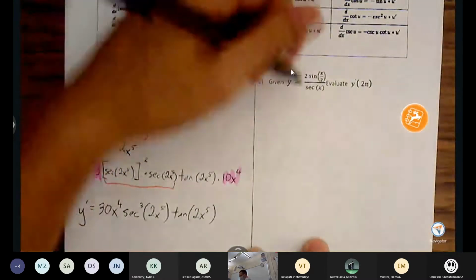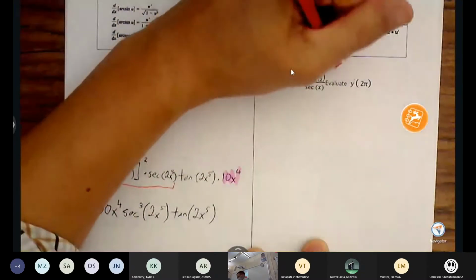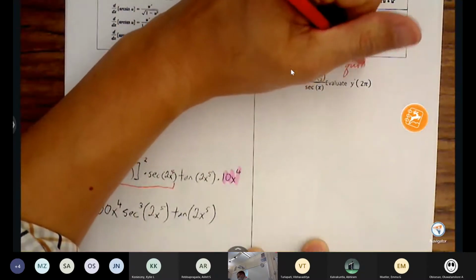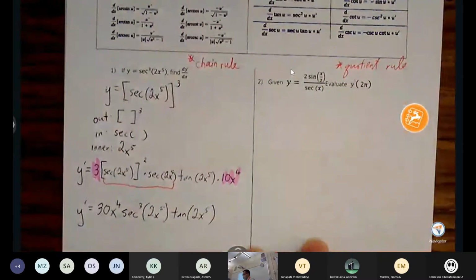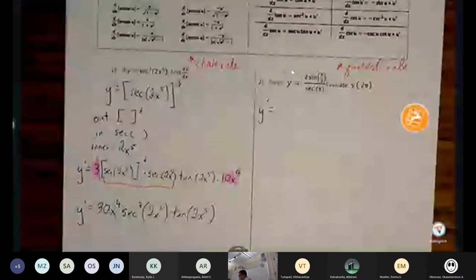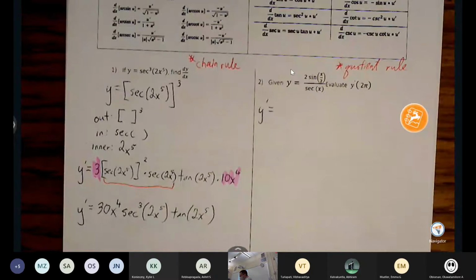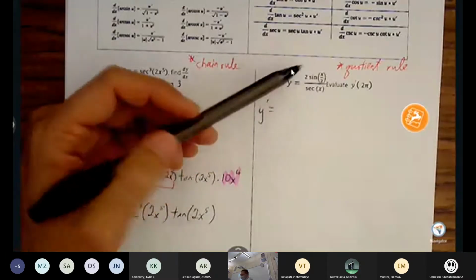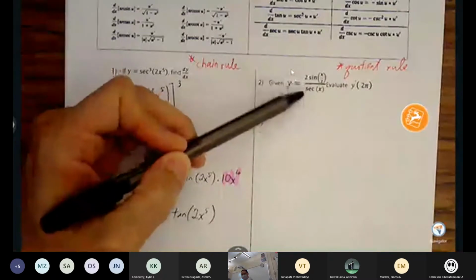Okay, the first thing is quotient rule, right? We need quotient rule, numerator and denominator. Okay, f prime times g minus f g prime all over g squared.